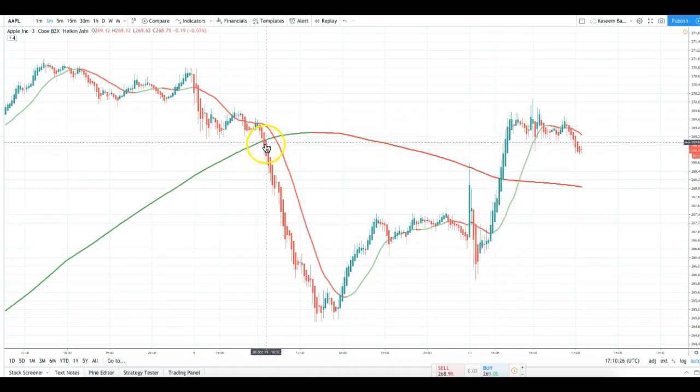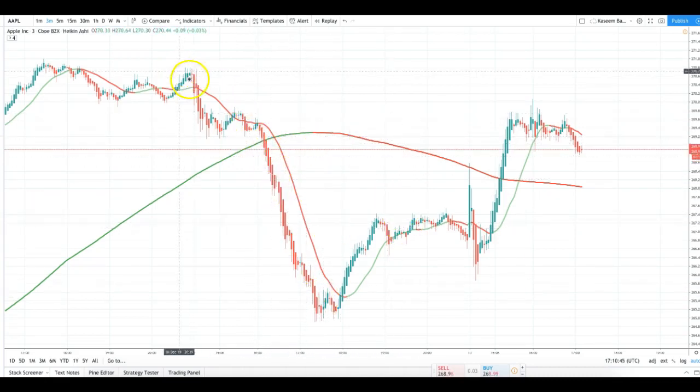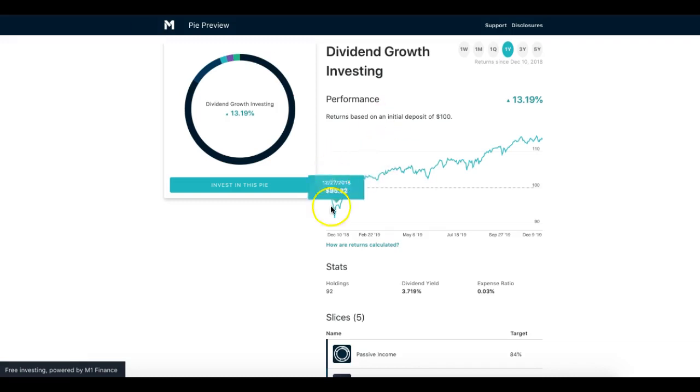You can place a trade that is going down, or place a trade that is going to go up. This is trading. You're looking for opportunities in the market to be able to profit from the movement of any of these companies.